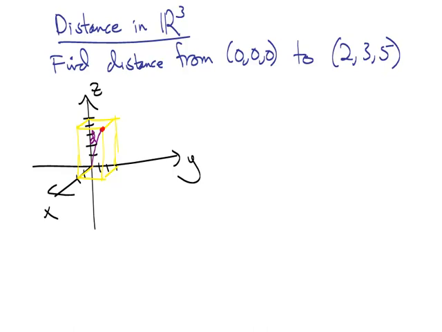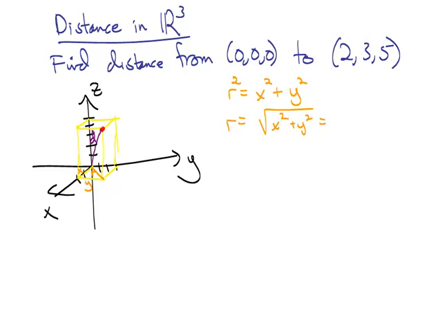Well, how can we do that? Good old Pythagoras should help us out here. First of all, let's find this, which I'll call R. How could you find the length of this segment right here? That's just in the xy plane, this little R segment here. So R squared is equal to our x distance squared plus our y distance squared, so R is equal to the square root of that.